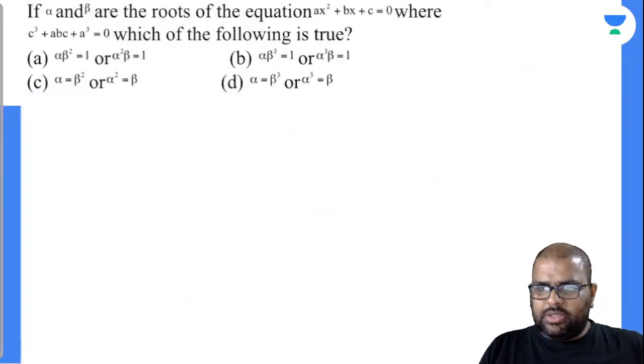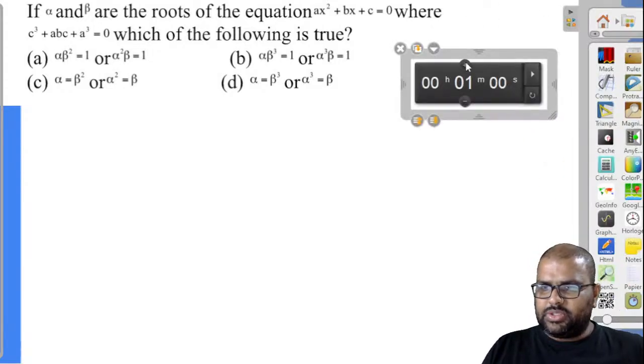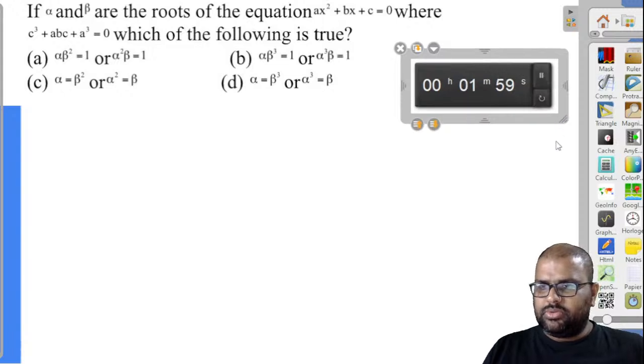Done. Chalo, let's solve the next one. This is my most favorite question here. Let me see how many can solve this. 2 minutes.